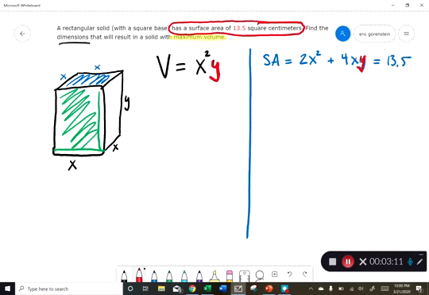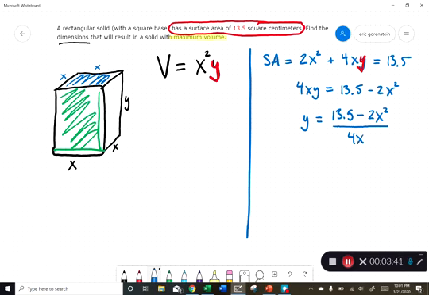Okay, we could subtract the 2x squared from both sides. So we could say 4xy is equal to 13.5 minus 2x squared. And then we can divide both sides by 4x. All right, so we'll have y equals 13.5 minus 2x squared all over 4x.